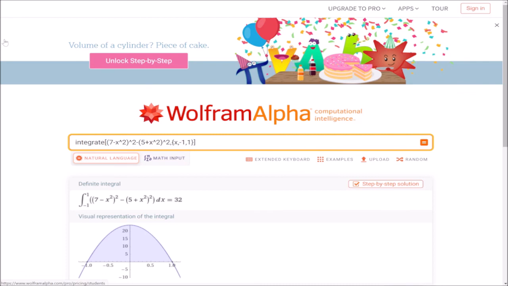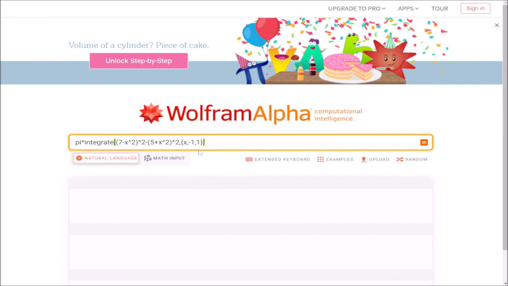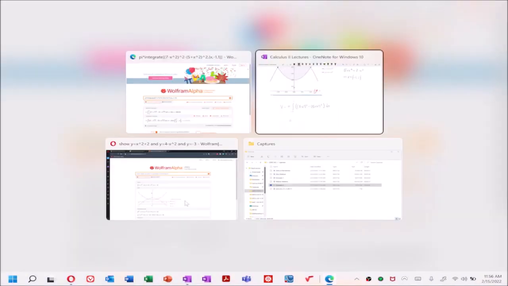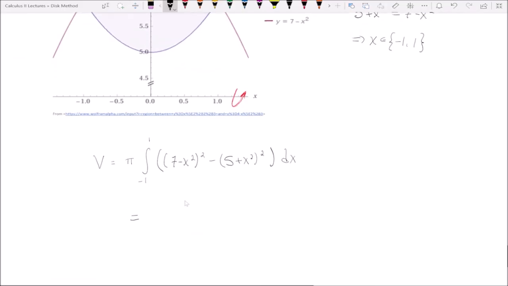I forgot to put a pi in there, so let's go ahead and change that. I'm going to do pi times. And we see we get 32 pi. So this volume is equal to 32 pi.